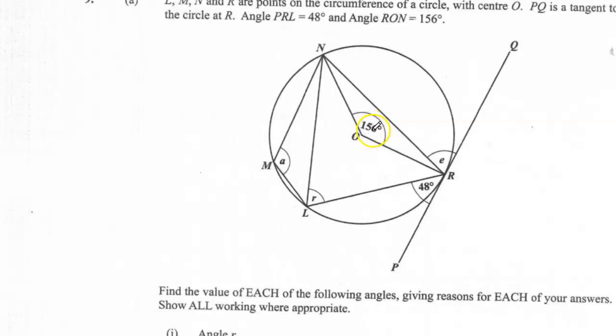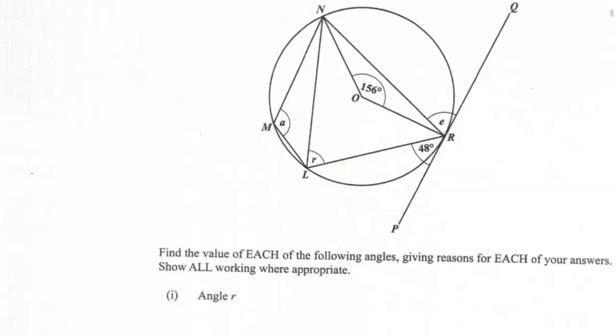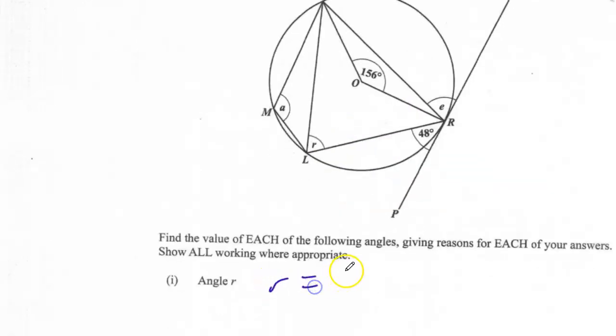Now the angle at the center is always twice the angle at the circumference, as long as the angles are subtended from the same chord. So angle R would be half of 156. What's half of 156 now? 78. So angle R is 78 degrees.